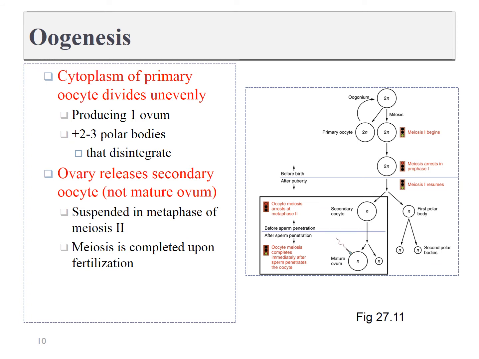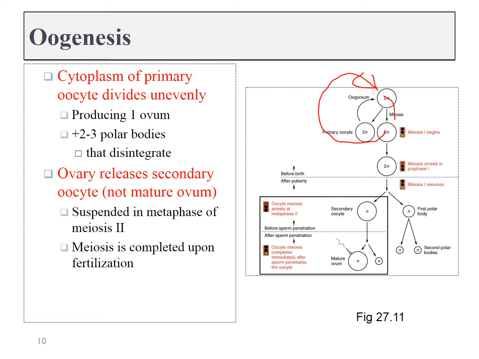Because all of the stem cells undergo meiosis before birth, women will have a limited number of eggs that they can produce. This is in contrast to the male reproductive system, where mitosis continued the regeneration of more stem cells.